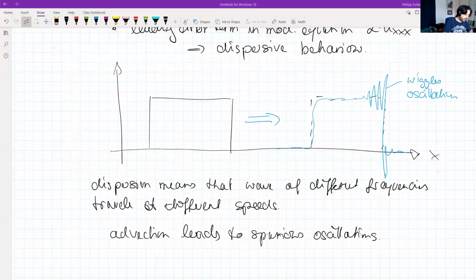Right, then I see that there's a question here: is there any difference between dissipation and diffusion, or can we use the words interchangeably? I guess we can use them interchangeably. I guess the difference is that diffusion is the process, and dissipation is the effect of it.